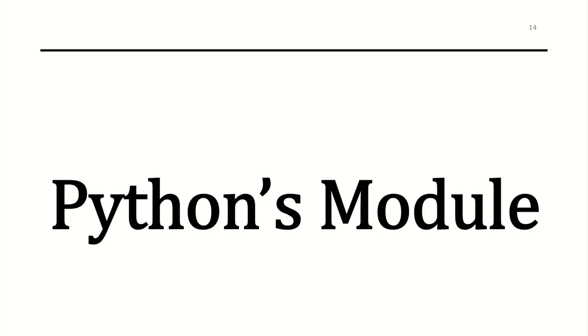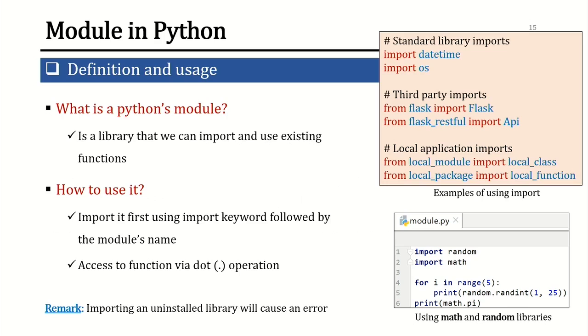So in the next part, we come to something quite more advanced in Python, which is Python modules. How we can use modules in Python. To begin with, let's take a look at the definition of a module. What is a Python module? It is simply a library that somebody wrote, and there are many available functions that you can use.